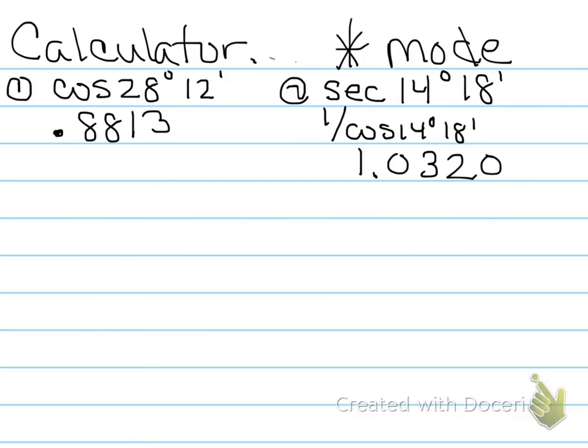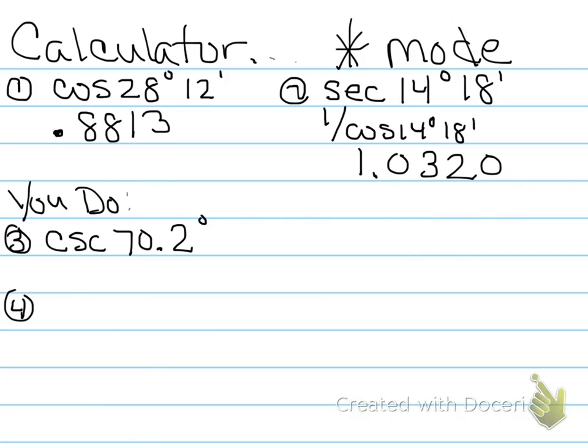Alright, why don't you do number 3, which will be the cosecant of 70.2 degrees. Notice no minutes on that one. Number 4, which is the sine of 3.74 radians.